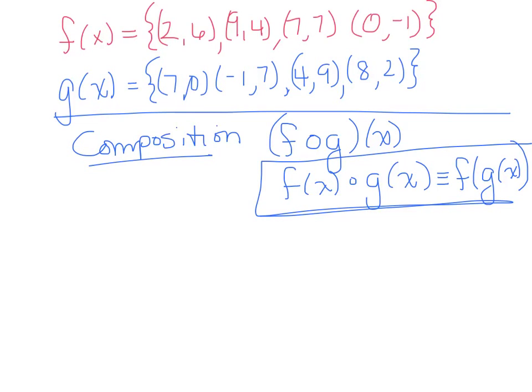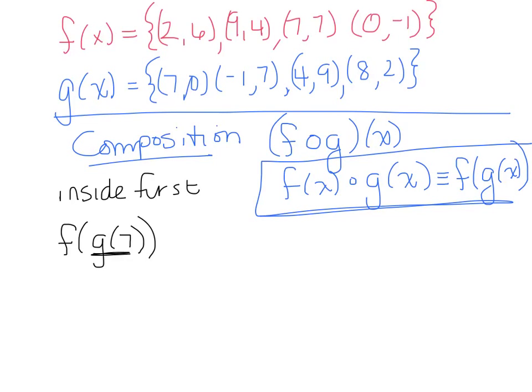Say for example, I want to do f of g of 7. What I have to do first is you always do the inside first. So first thing I have to do is find what is g of 7. So leave the f parentheses alone for the outside and just work on this inside part.